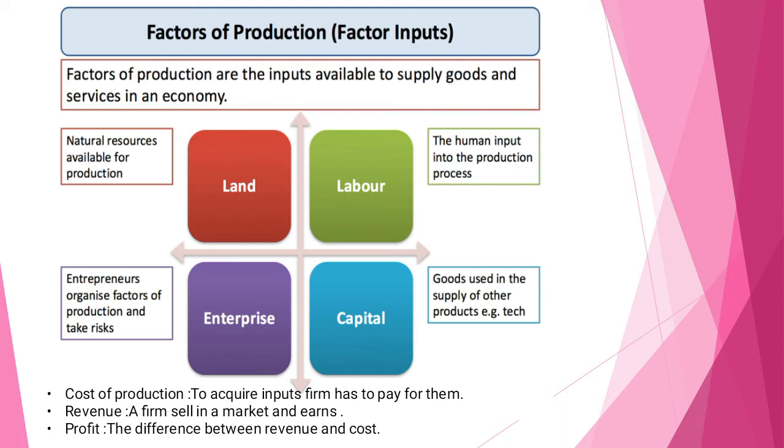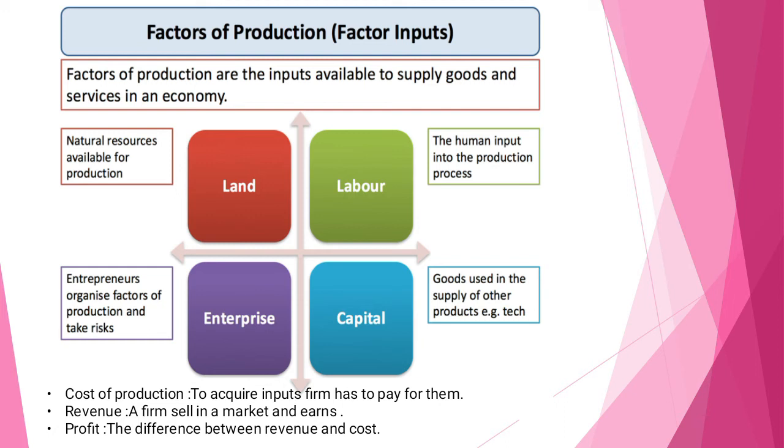So the cost which has been incurred to acquire these inputs is called the cost of production. And next is revenue. After producing the output, the firm sells the goods in the market and earns money. That money is considered as revenue. Whatever the firm sells in the market and earns, that is revenue. And next, what is profit?